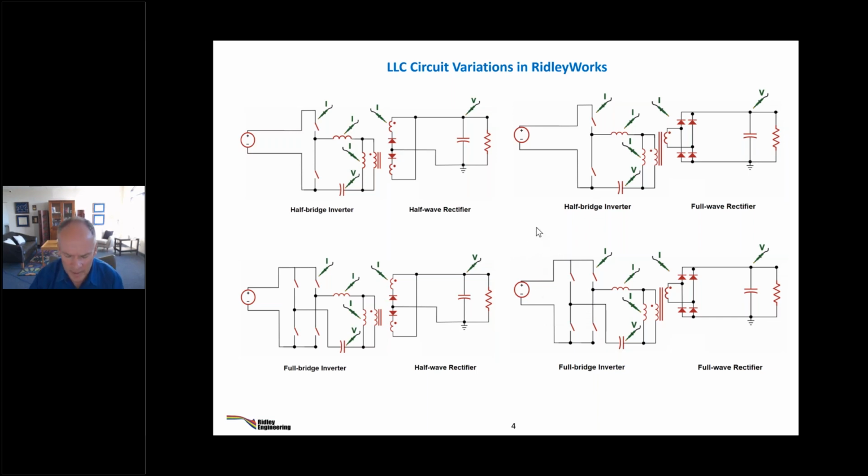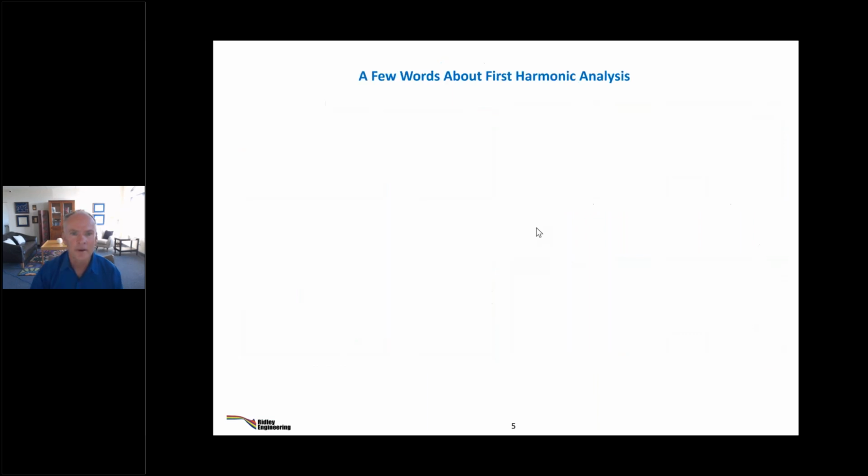Okay, everybody there. I'm sure we have some academics on board, and any LLC presentation is not really academic enough unless we say a few words about first harmonic analysis. This is the basis of the design curves that people produce.